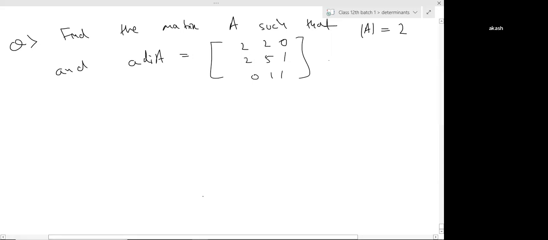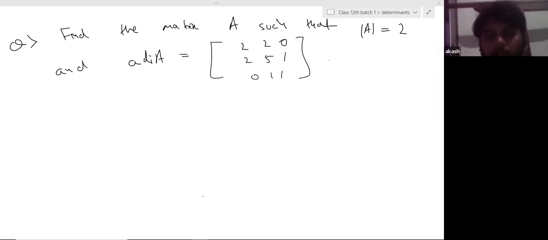How to solve this type of question? They are asking you to find a matrix whose determinant is 2 and adjoint is this. Until now, you have solved the reverse question: they gave you a matrix and asked you about the adjoint or determinant. So how can we do this?